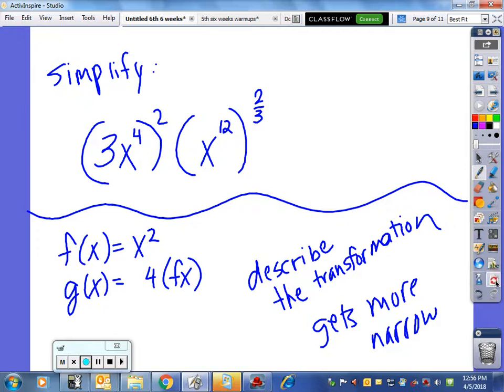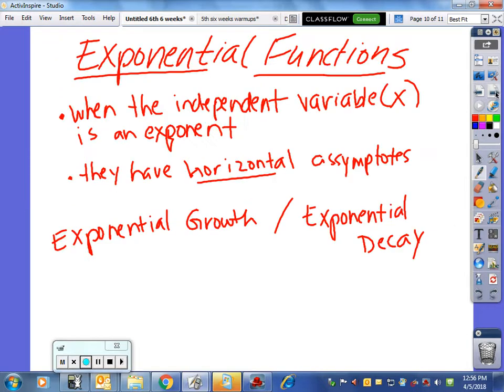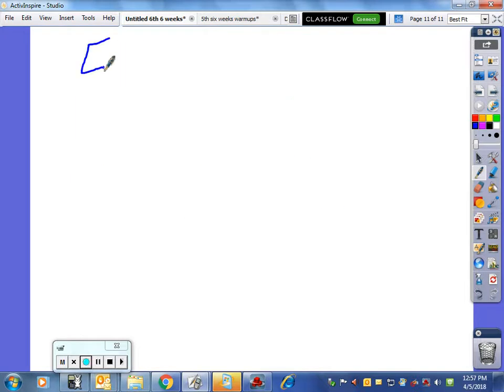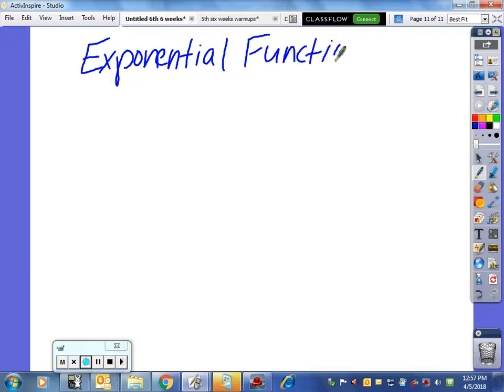Okay. Now, here comes the new stuff. Exponential functions. New lesson. We just reviewed, now we're doing the new stuff. Exponential functions. What do you think exponential functions have in them?